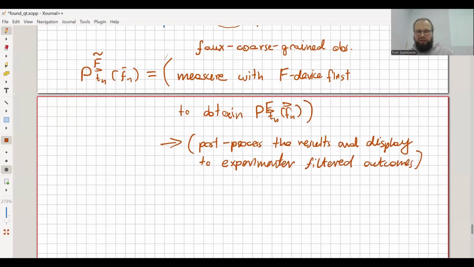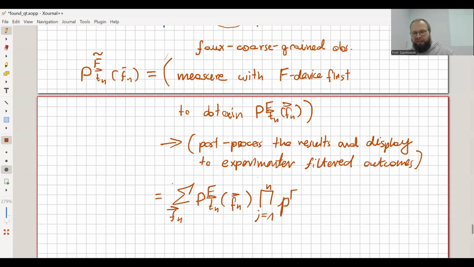So you would take the sum over F_n of P F, and the filtering, right? Some filtering.